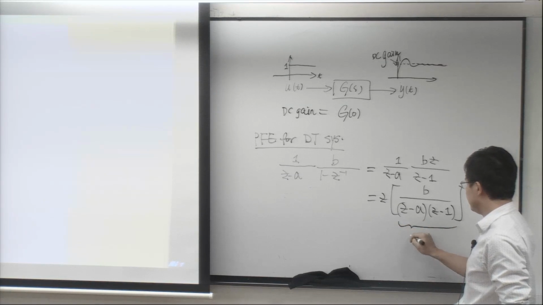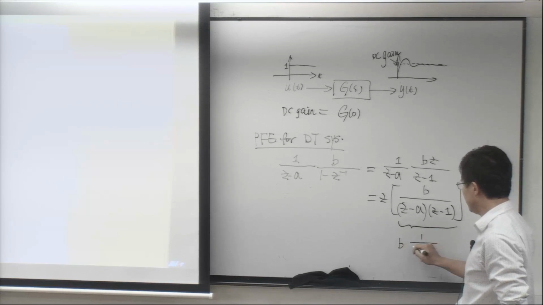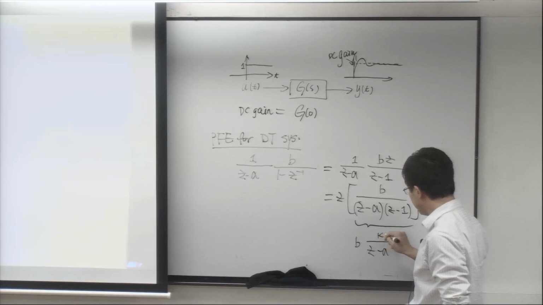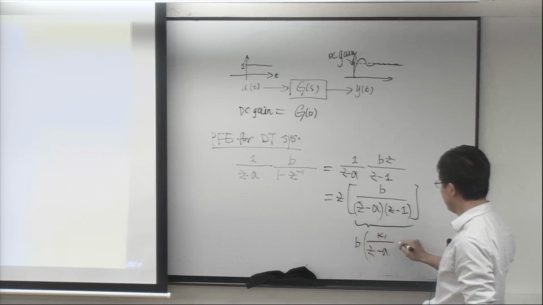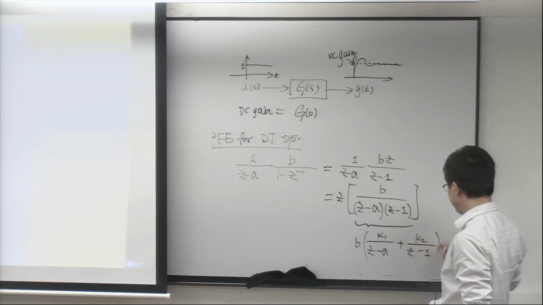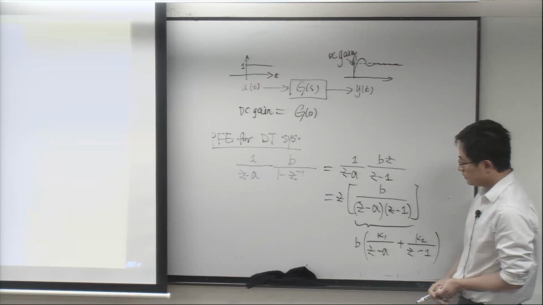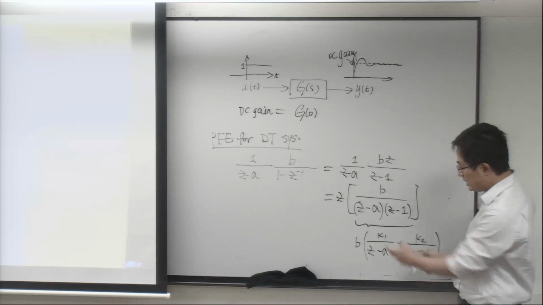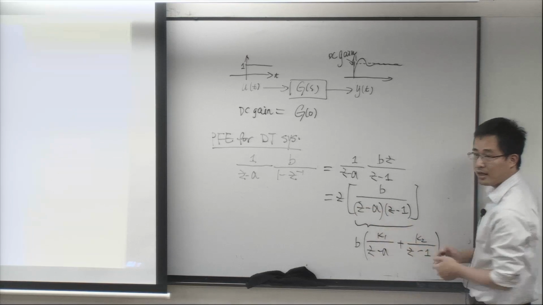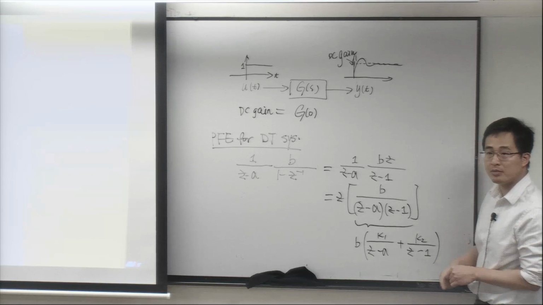I'm going to try to decompose it into two smaller modules, K1 and K2. This is exactly like Laplace. If you treat this as S, this is the same. Everything is the same in the Laplace case. So K1 should be what?